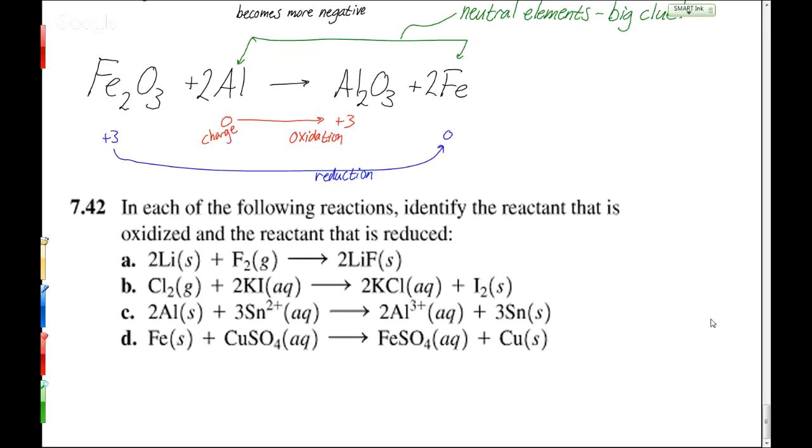Oh, no, 6. The halogens are positive ones, so reduction. And then that would be negative one.